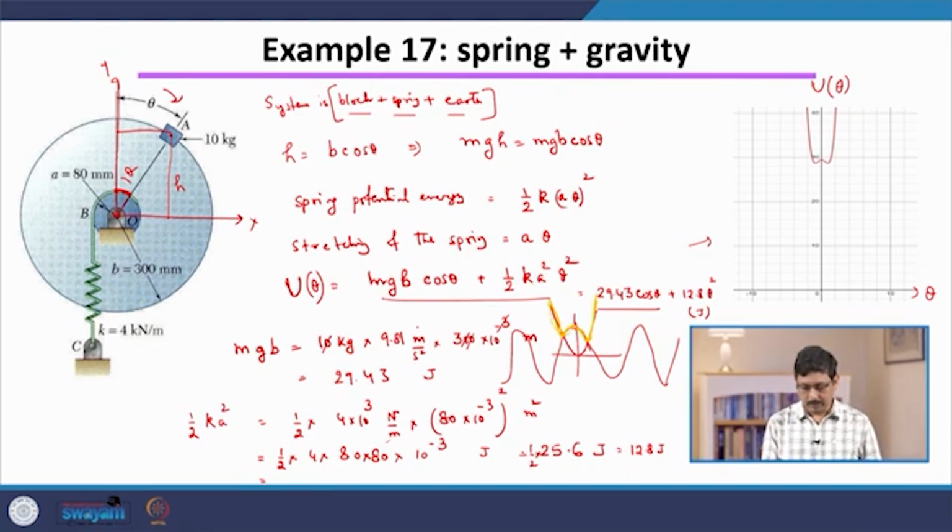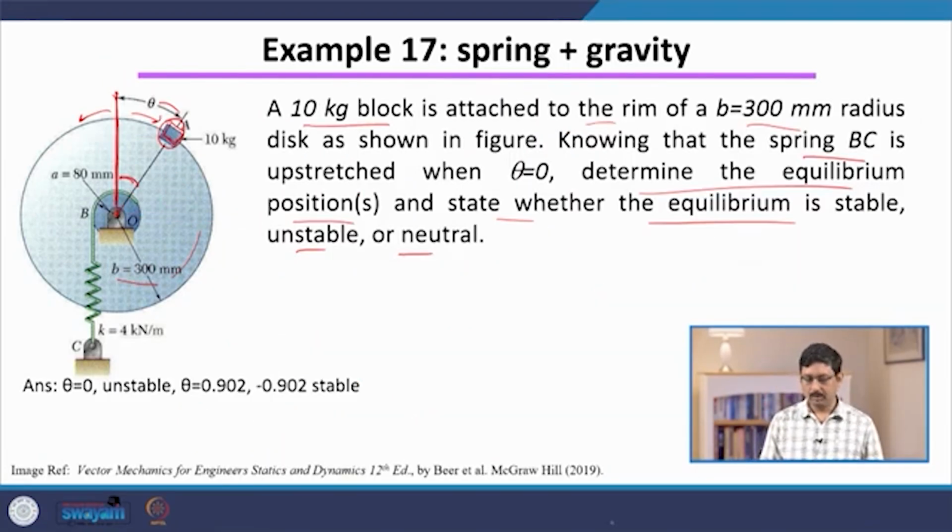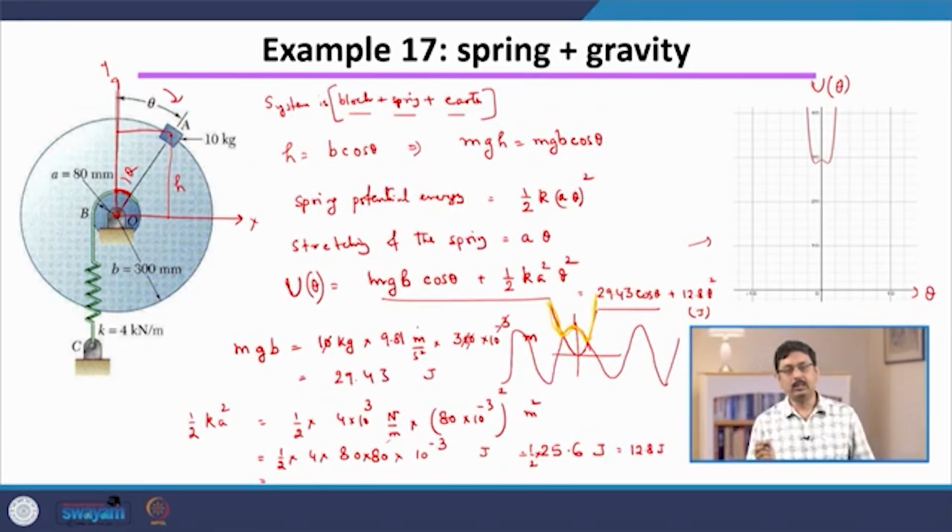So, we expect a net profile to look like this, and indeed if you draw this function, you actually see that. Now, coming back to the question, we have to determine the equilibrium positions. Now this is easy once you draw this profile.